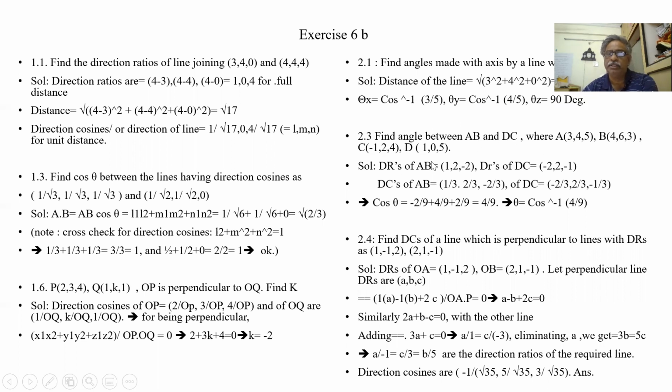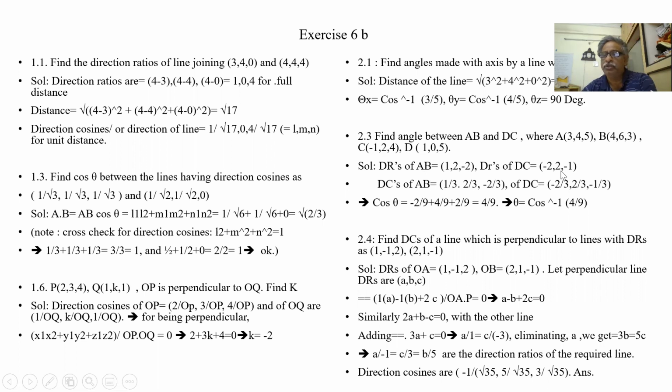Okay. Find the angle between AB and CD. A is given, B is given. So we have to find out the DC of AB and the DC of CD. So the DR of AB is 4 minus 3, 1, 6 minus 4, 2, 3 minus 5, minus 2. What is the DC? We have to divide by the root: 4 plus 4 plus 1 is 9. Root of 9 is 3. So 1 by 3, 2 by 3, minus 2 by 3 are the DCs of the AB line.